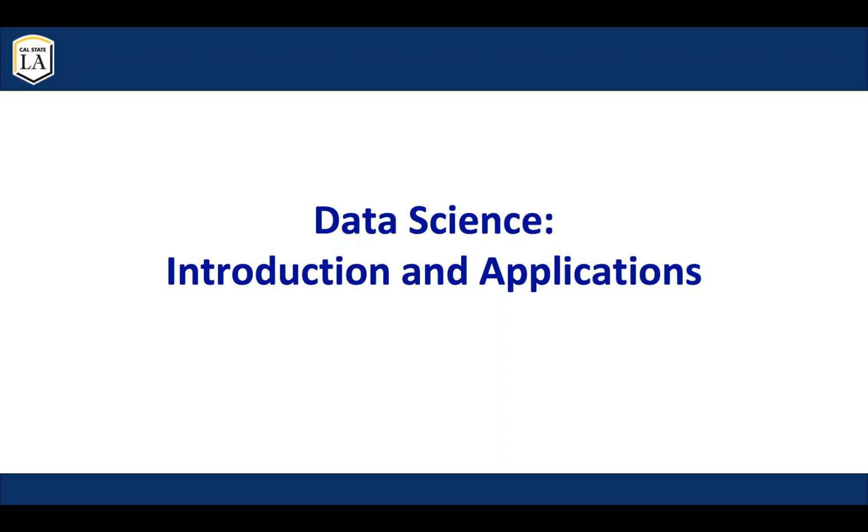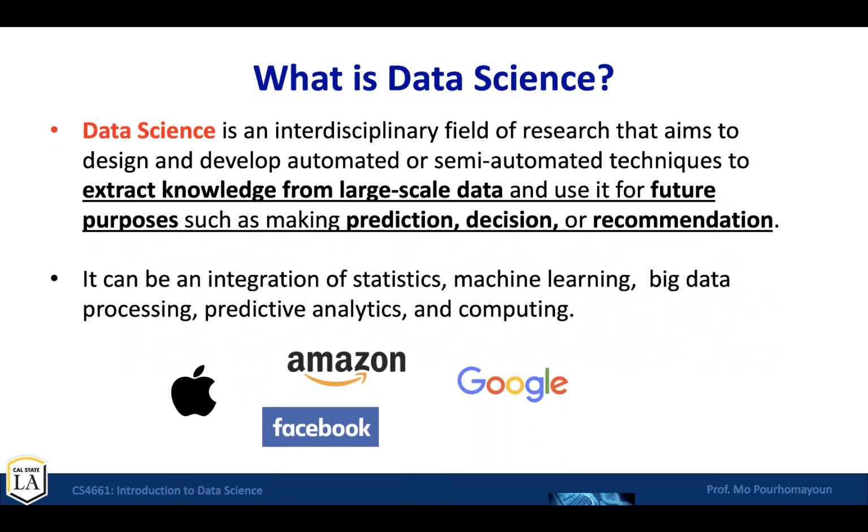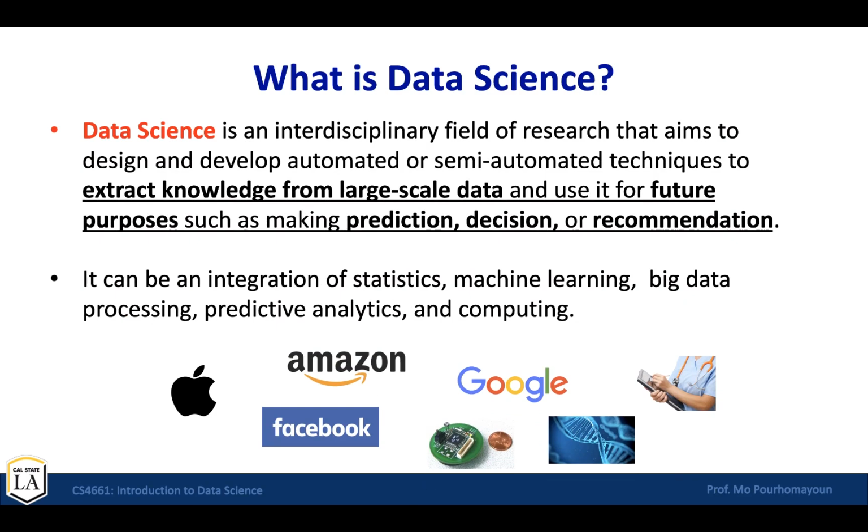Let's talk about some of the applications of data science in our life. So again, this is the definition of data science: extracting knowledge from large-scale data and using it for future applications like prediction, decision making, and recommendations, and so on.